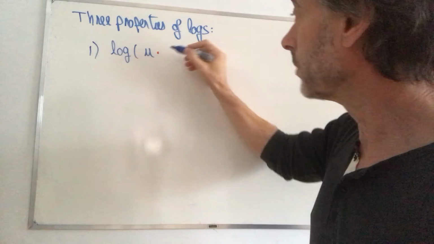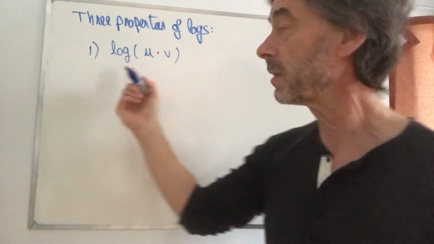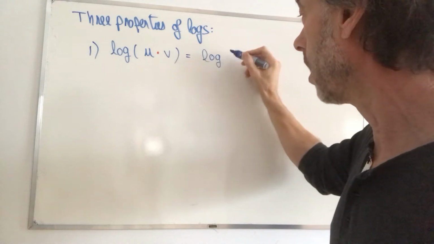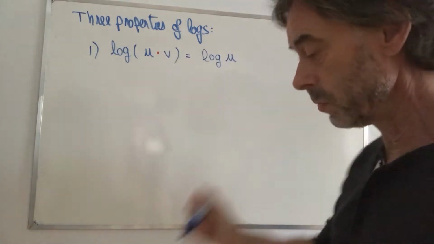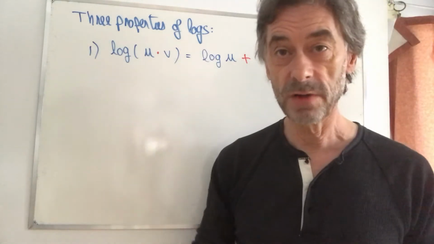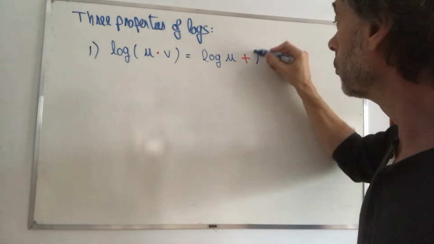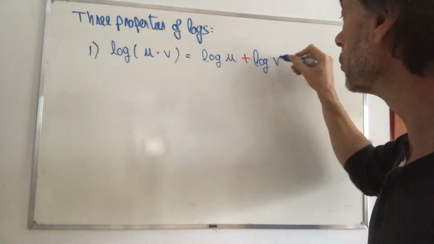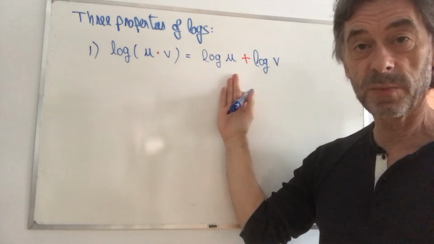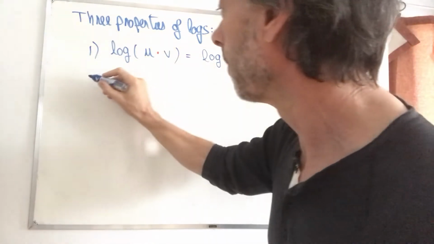There's a property that allows us to break the log of a product in the following way. This is going to be the log of u plus the log of v. So one log turns into two logs. The log of a product turns out to be the sum of two different logs.